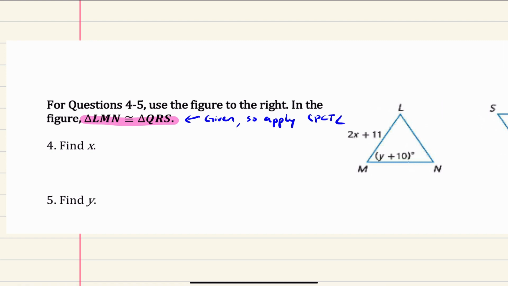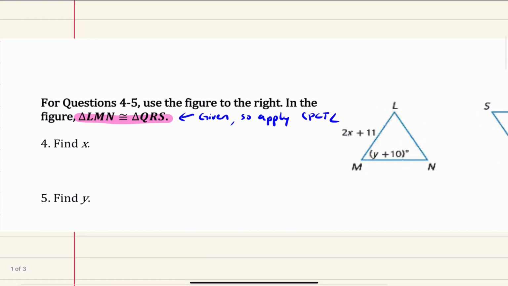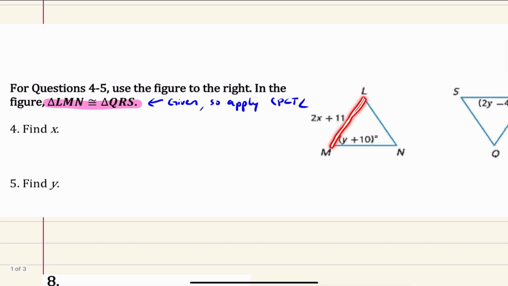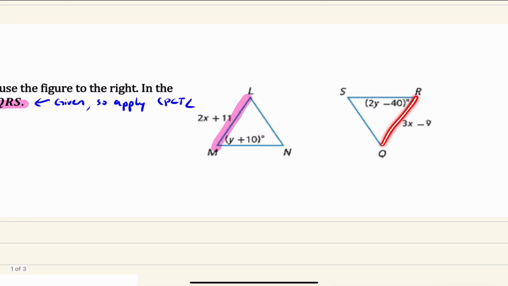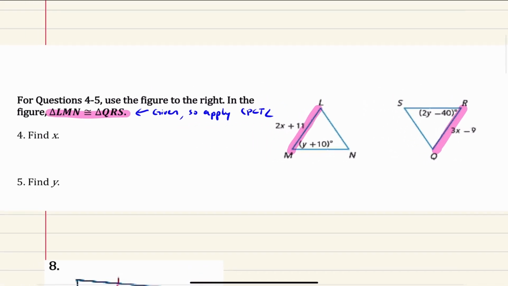So I'm going to go ahead and find x. So x is associated to segment LM. We can agree with that, right? So LM is the first two letters. Now I need to take a look at the first two letters of this triangle. In this case, it's QR. So we know that segment LM and QR, they correspond. So I take this and set them equal to each other.